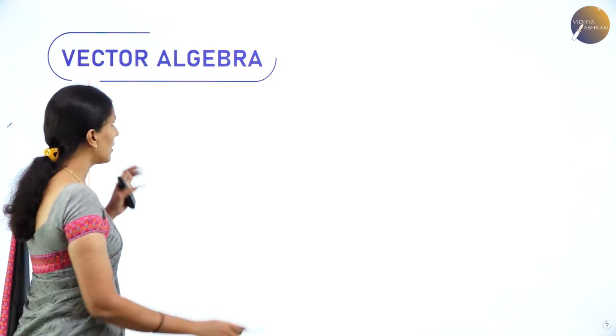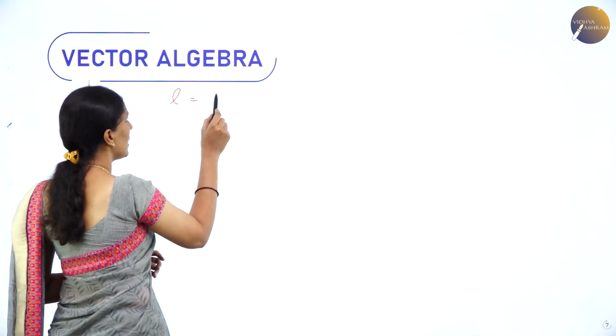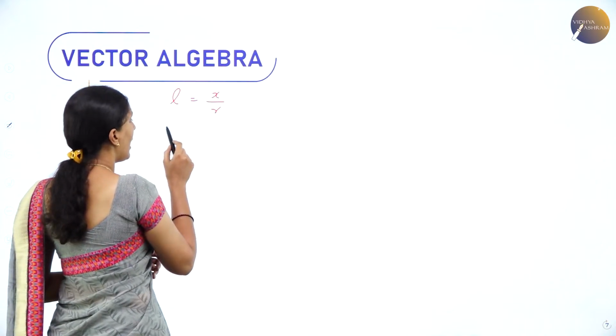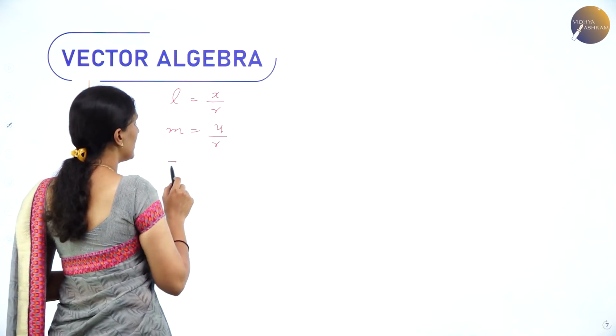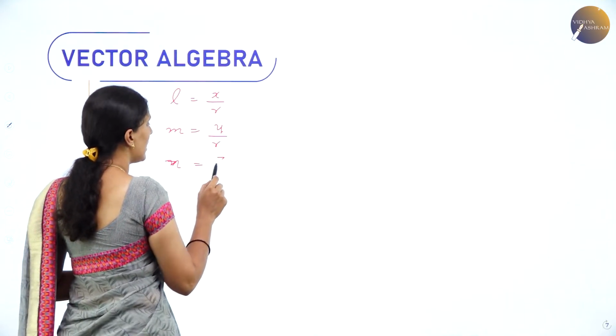So I can write cos alpha in the form of L equals x by r, M equals y by r, and N equals z by r.